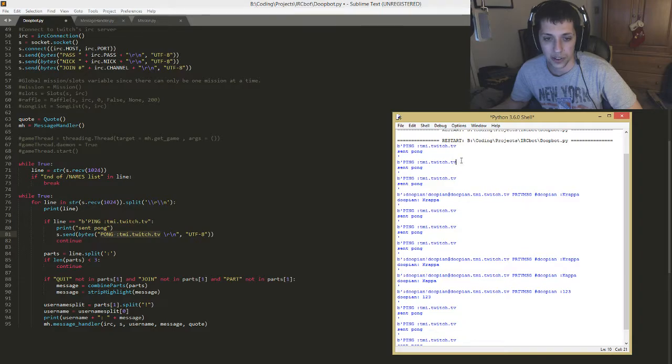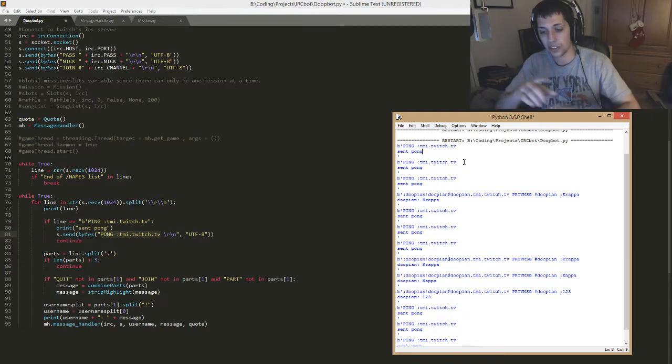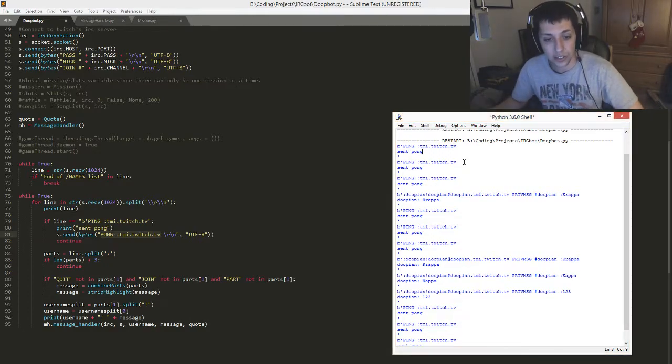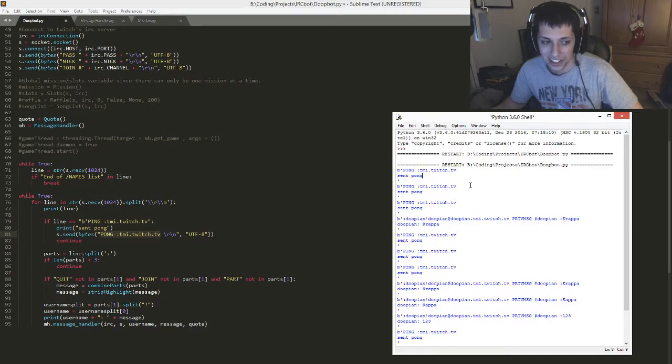I think the slowness of the chat was the issue too, because there were moments where my bot would work for like 40 minutes if commands were being used frequently. But if I left the bot with nothing happening, after 10 minutes the connection would close. So I'm guessing there's a timeout period where, if nothing happens in the socket, it times out and you get disconnected unless you send them a pong back. So there you go. That was the issue.